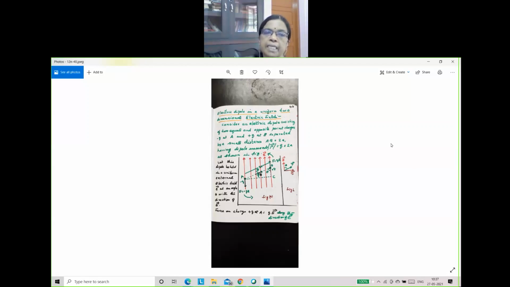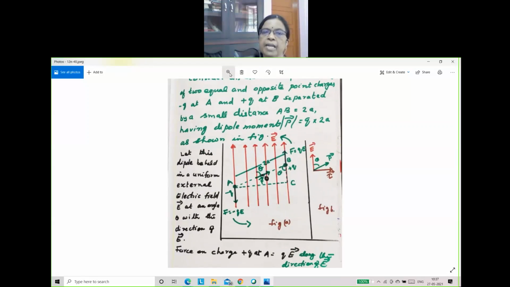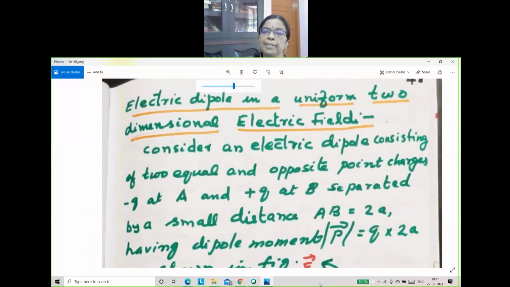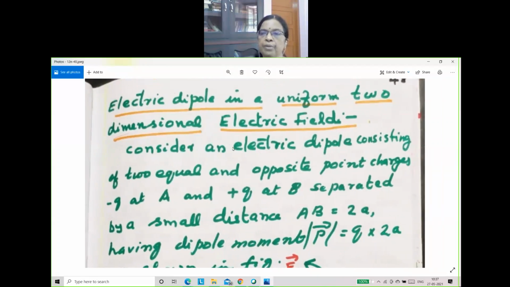So next is a very, very, very important portion. That is electric dipole in a 2-dimensional electric field. For that I will show you a video, so it will be more interesting. That's why I will show a video.